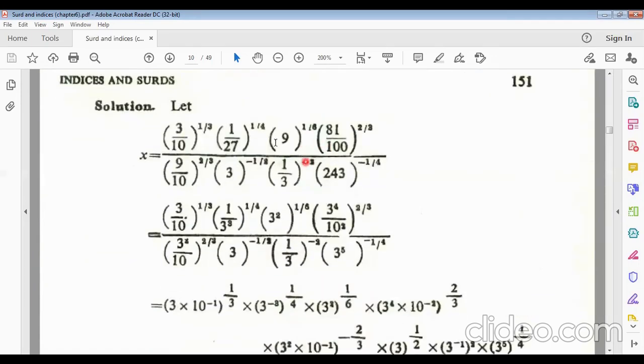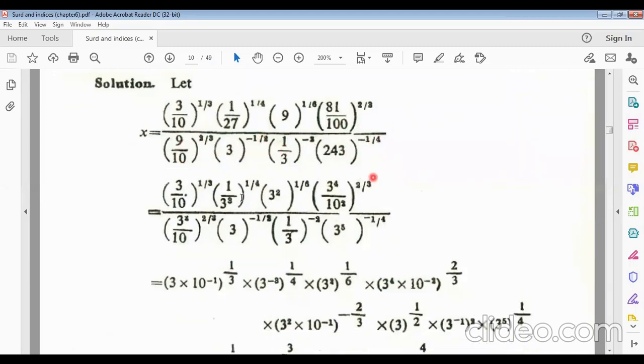This way we can write 3 by 10 to the power 1 by 3, 1 by 27 to the power 1 by 4, 9 to the power 1 by 6, 81 divided by 100 to the power 2 by 3, 9 by 10 to the power 2 by 3, 3 to the power minus half, 1 by 3 to the power minus 2, 243 to the power minus 1 by 4.